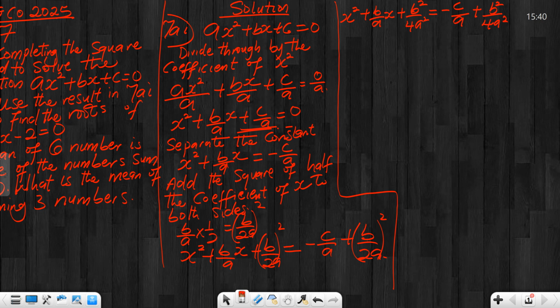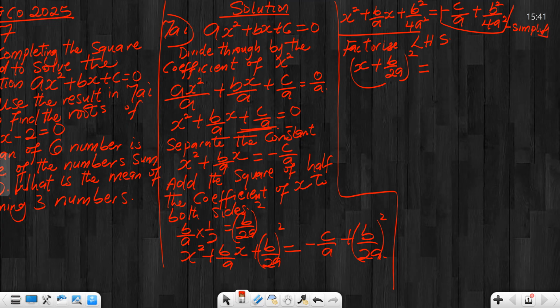Okay, now what will I do next? We are going to factorize the left hand side. To factorize my left hand side, we are going to have x plus b all over 2a all squared, equal to my right hand side, which we are going to simplify.